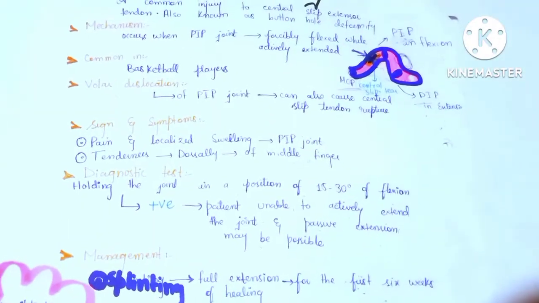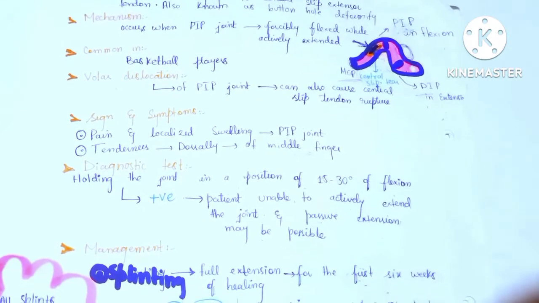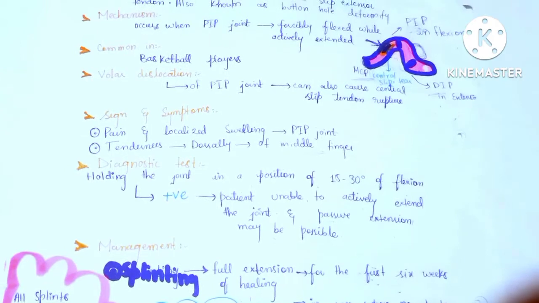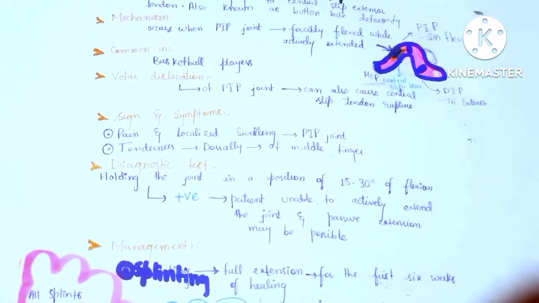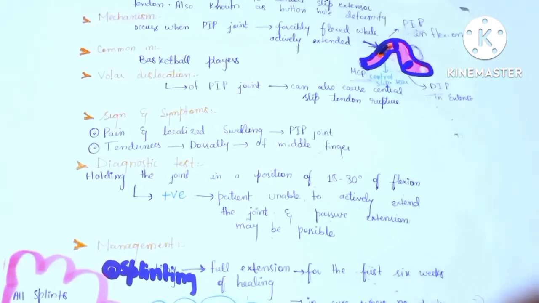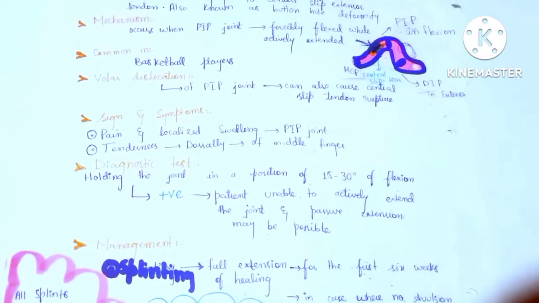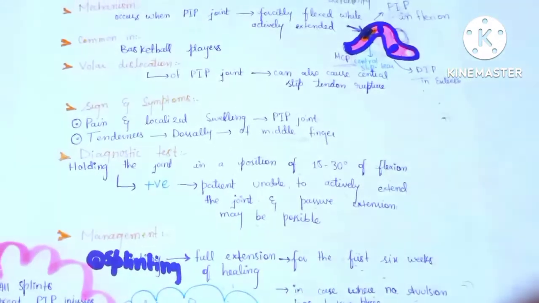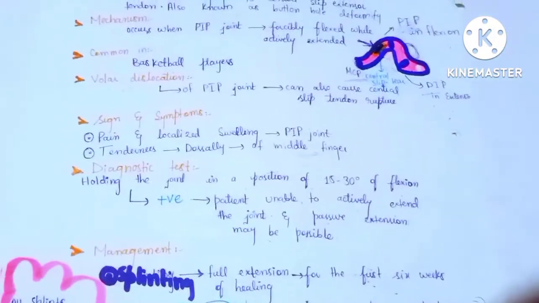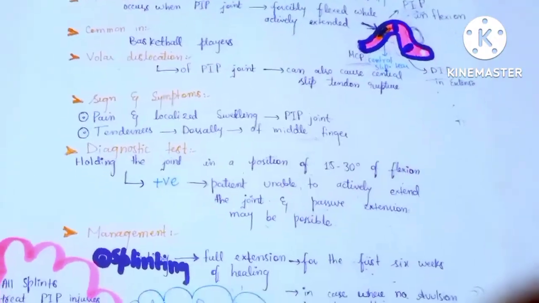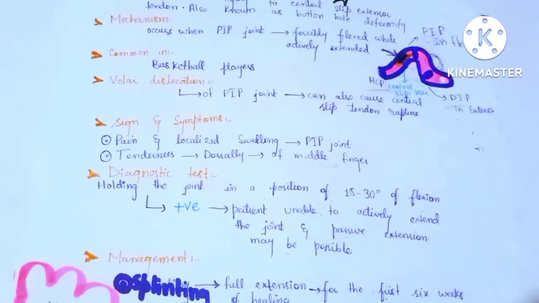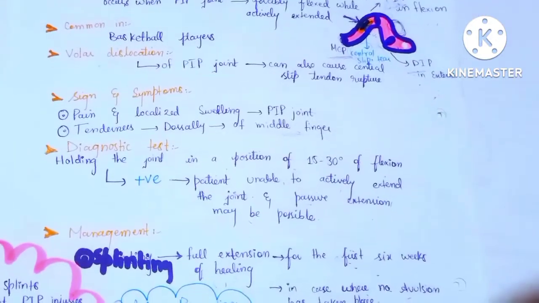Volar dislocation, or anterior dislocation, of the PIP joint causes the central slip tendon rupture. The basic signs and symptoms of the condition are pain, localized swelling on the PIP joint, and tenderness dorsally. The middle finger is the most common finger involved in this condition.